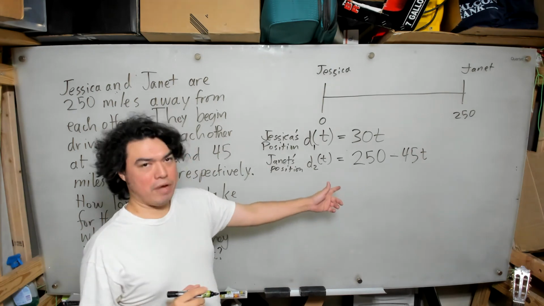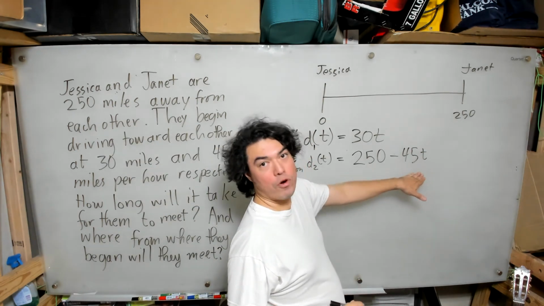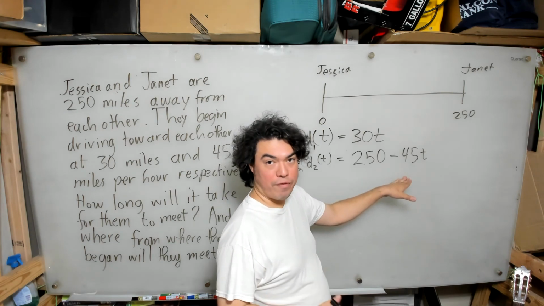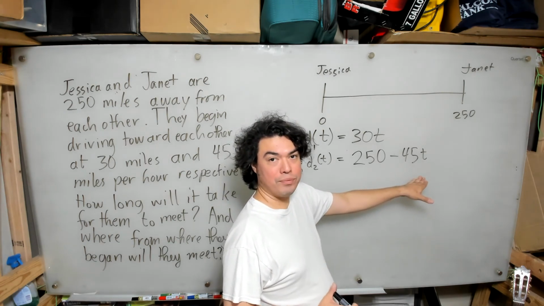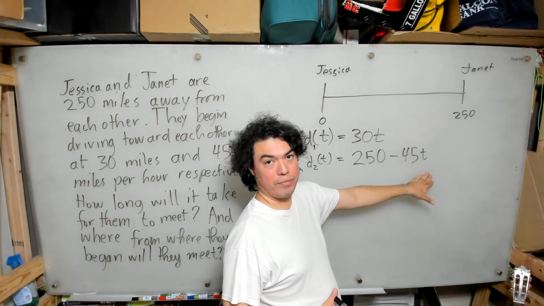Janet's driving at 45 miles an hour, so if T is in hours, 45 times T will be how far Janet's driven.